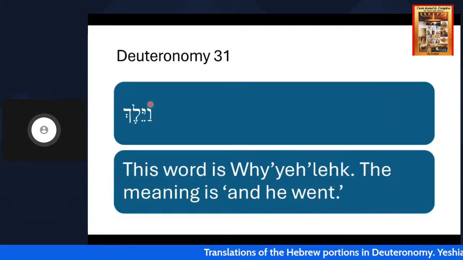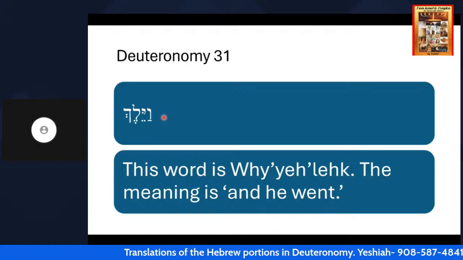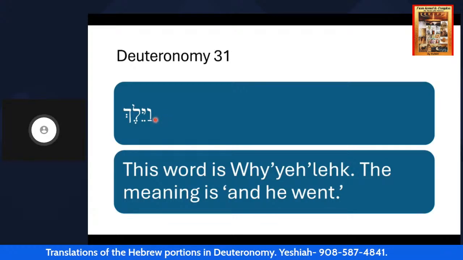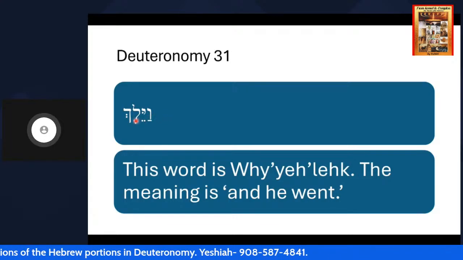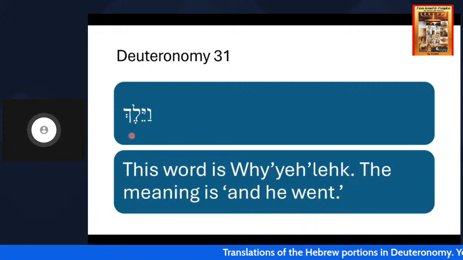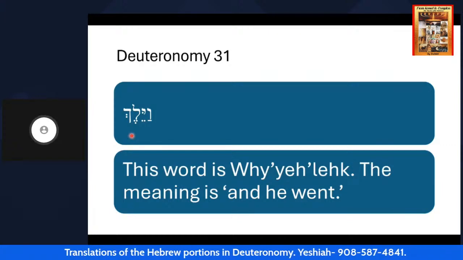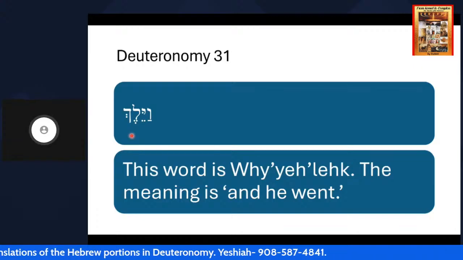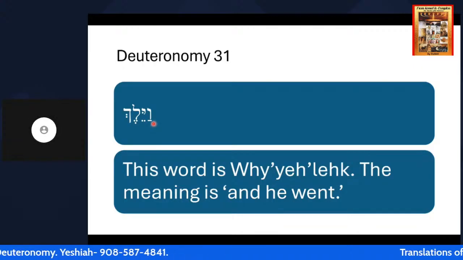That wow serves as a prefix. The word yelek means he will go. But when you have what is called the wow consecutive in biblical Hebrew, also known as the wahakipuk, we have it to where it is, and he went.